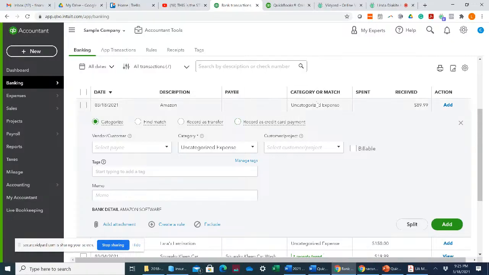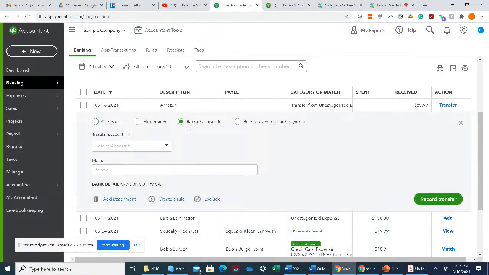So if you do not have this option here, you can select record as transfer. But once again, just be real careful. If you're going to say this is a payment from another account, make sure you're selecting the right account that payment came out of.